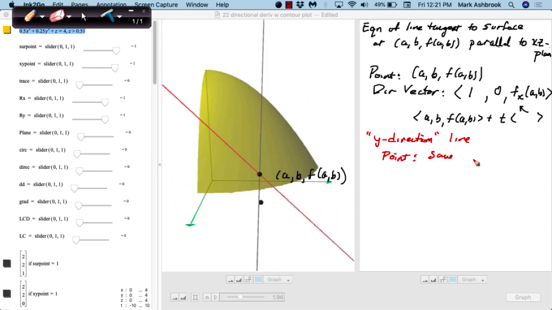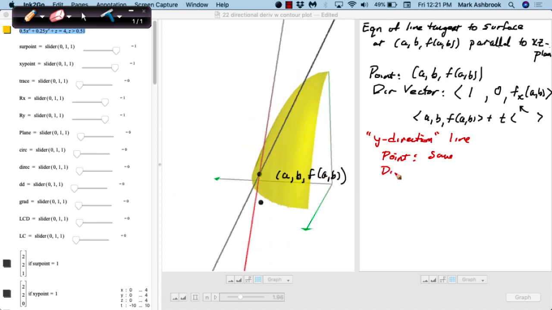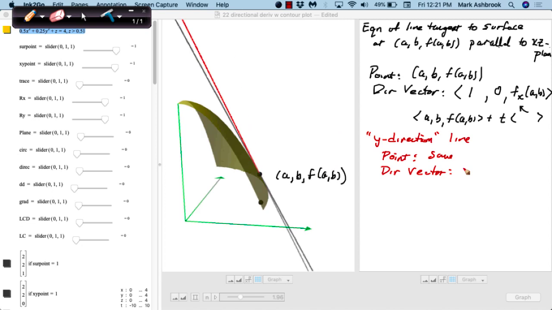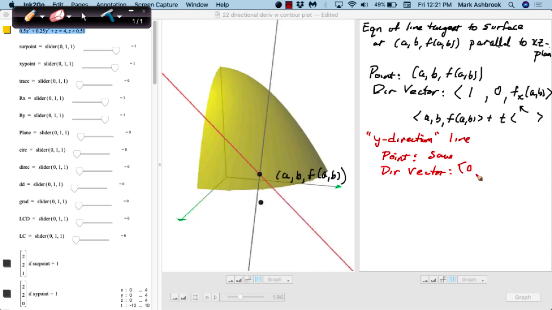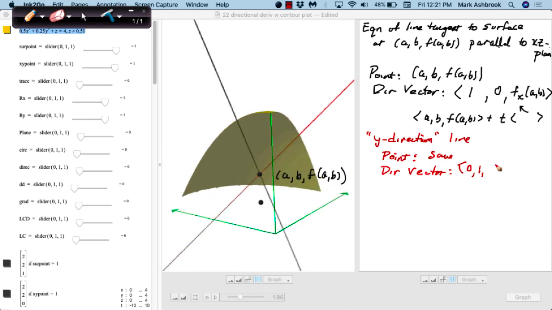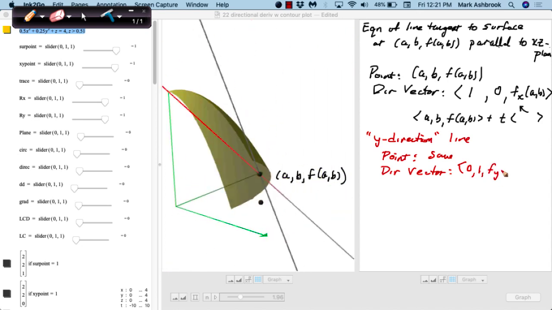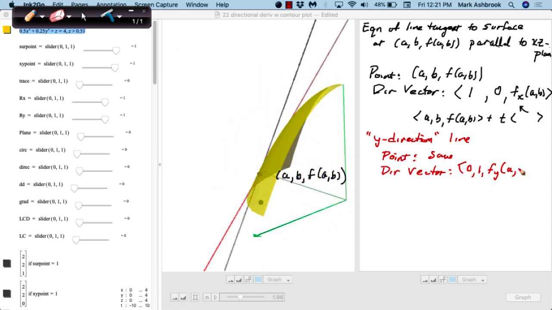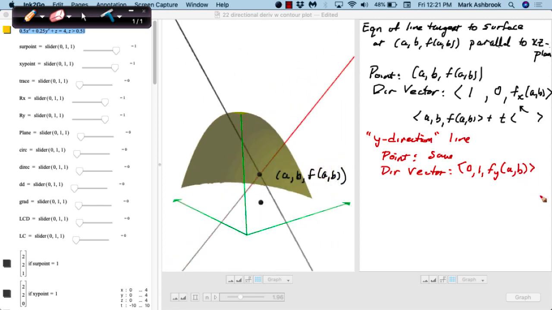And our direction vector is? Right, so this is easy now. X doesn't change, and we pick a y change of 1, and then the z would change by the partial with respect to y times 1.